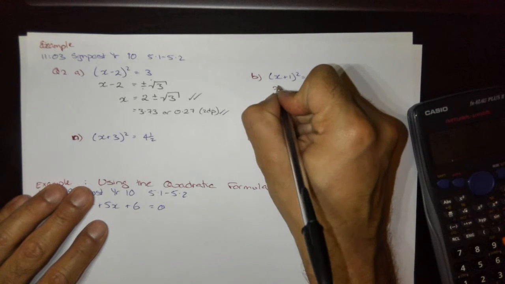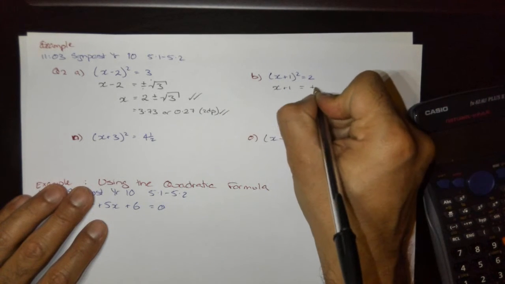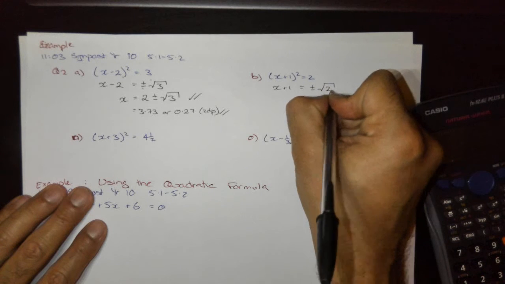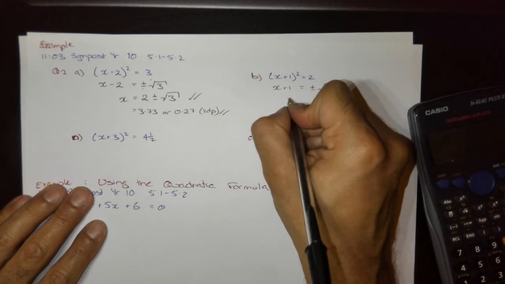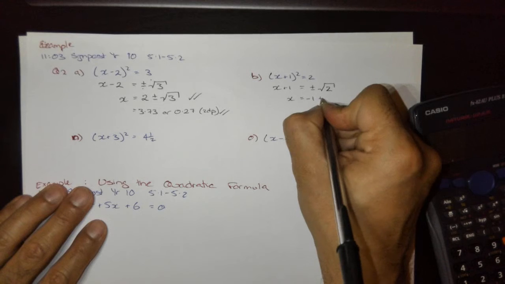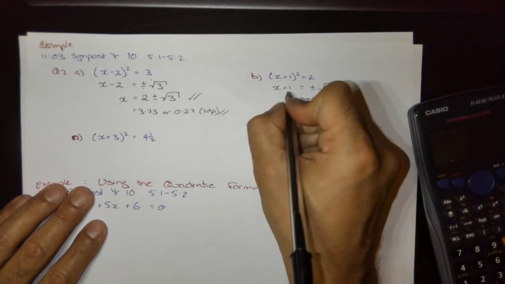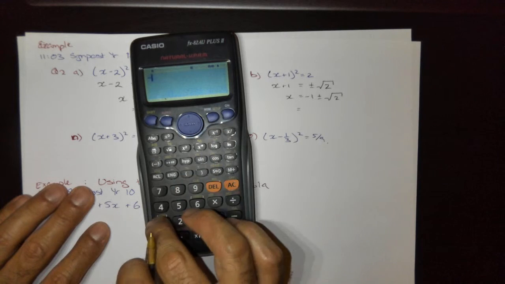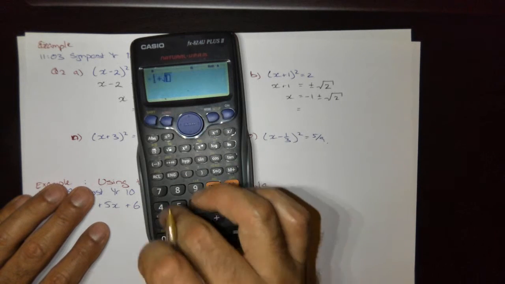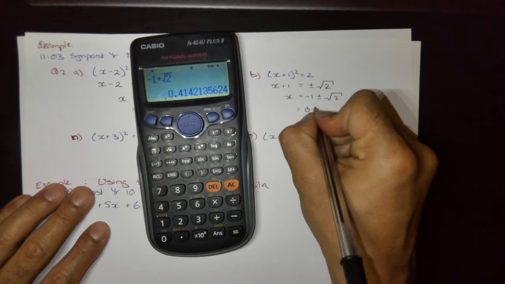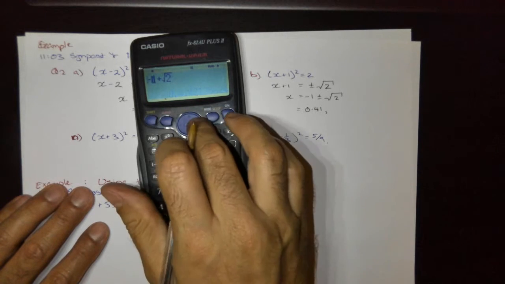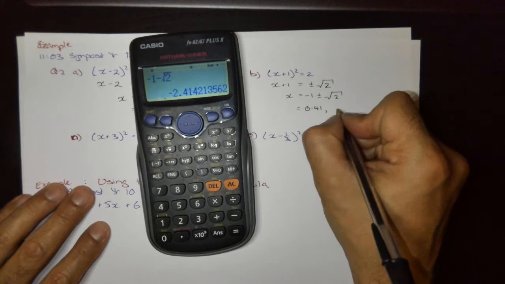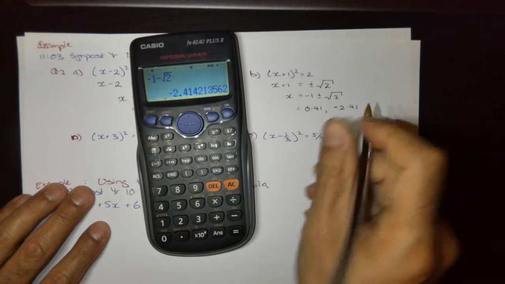Okay. So the first thing to do is to square root the right hand side, which is plus or minus, and then bring that constant over. Alright, so minus 1 plus square root 2, 0.41, or minus 2.41.